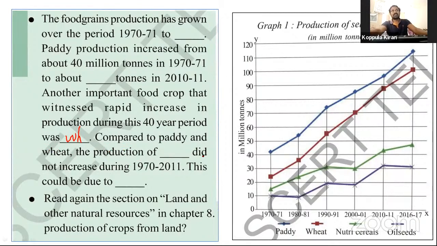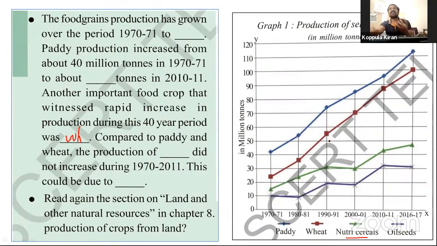Compare the production of, particularly see this, 1970s nutri-cereals compared to paddy. The production of nutri-cereals did not increase during this period. This could be due to what reason? What was the reason for very low production compared with paddy and wheat?